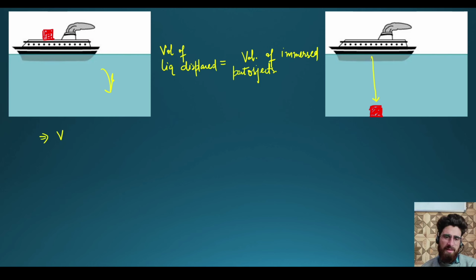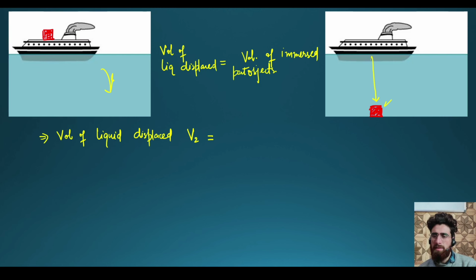So in this case, let's keep the volume of liquid displaced as V2, equals to the volume displaced by the cube. We will use the same formula, density equals mass per unit volume, so volume is equal to mass per unit density.